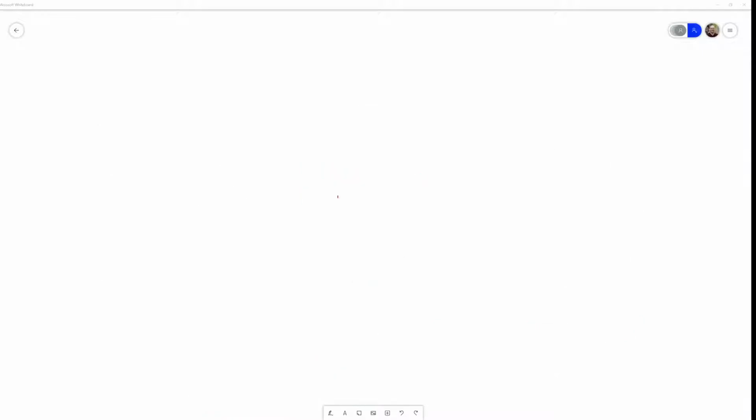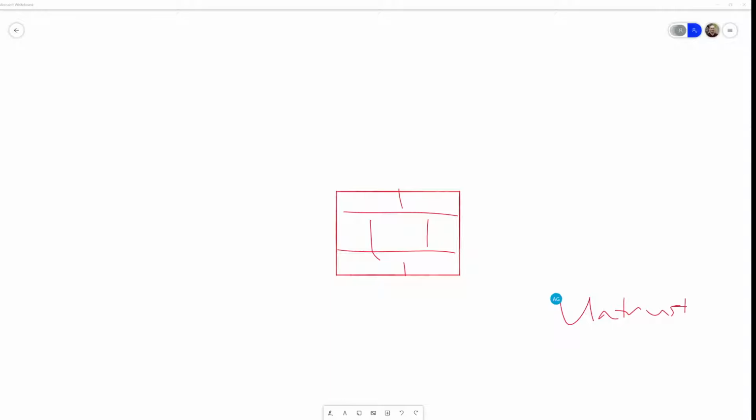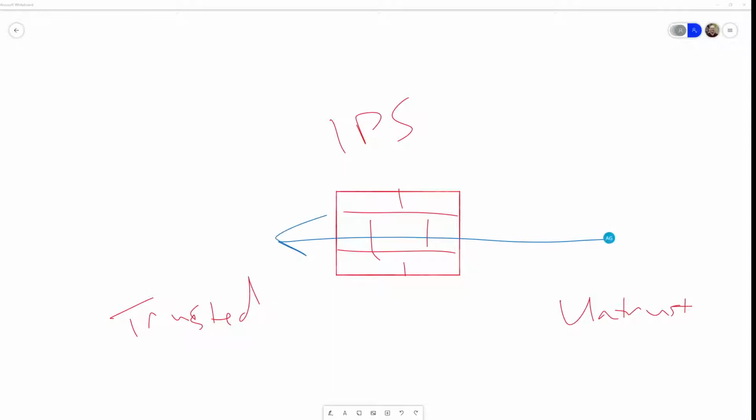The intrusion prevention system, I'll draw it as a firewall. It's added capability to keep the untrusted side from wreaking havoc on the trusted side. The firewall does that, but the intrusion prevention system does it in a more intelligent way. There may be signature matching, there may be anomaly detection, there may be other things that it can do for traffic coming in this direction.